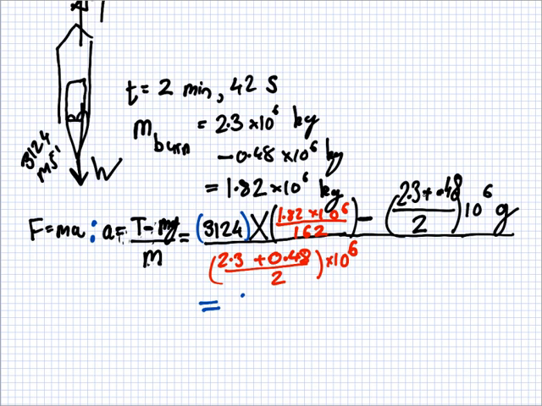Middle: 2.3 plus 0.48 over 2, times 10 to the 6, and g. That's 0.48. Yeah. 15.44, yes, that's the right answer. 15.44 meters per second squared.